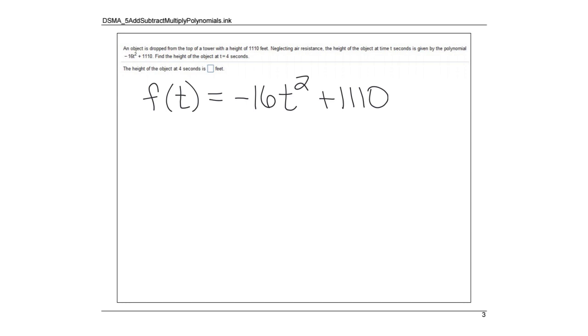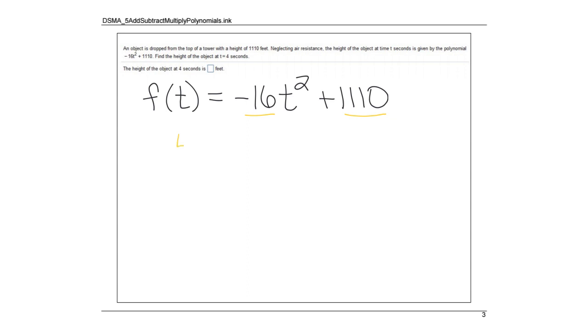In case you're interested, this is tied to gravity inside the formula for the physics for dropping, and it's, of course, gravity on Earth. And then the 1,110 has to do with the height at time 0. So this is t seconds. And we want to find the height of the object if t is equal to 4.